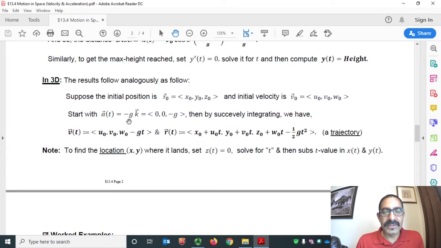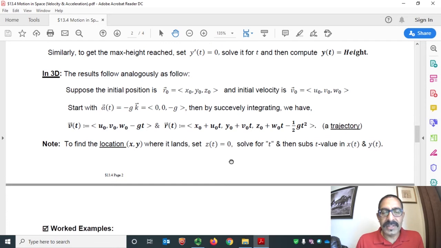The acceleration equals negative g k, that's the vector 0, 0, minus g. Then by successive integration, integrating acceleration gives us velocity, and integrating velocity again gives us the position vector r(t). This is the final form, which is the trajectory.